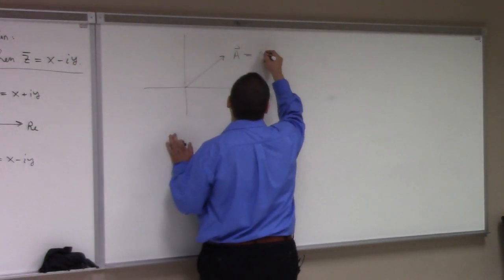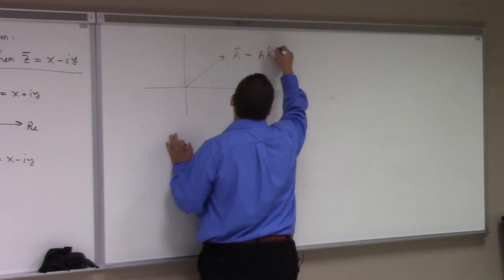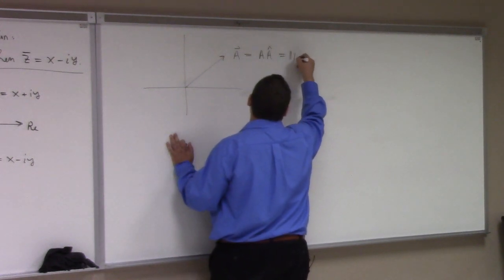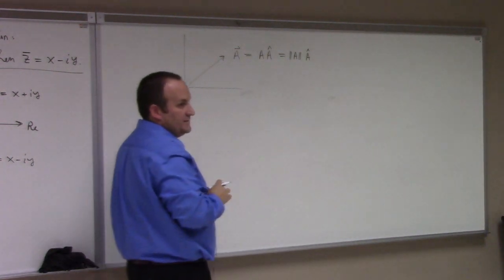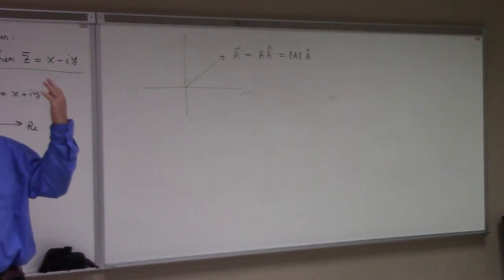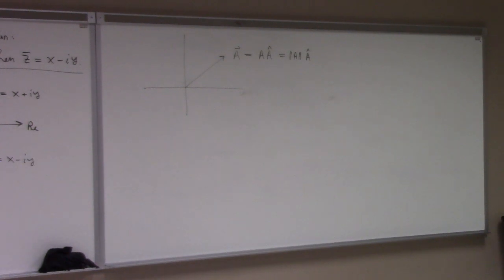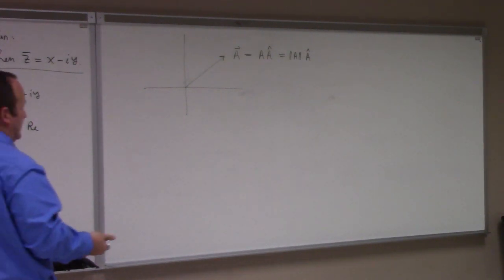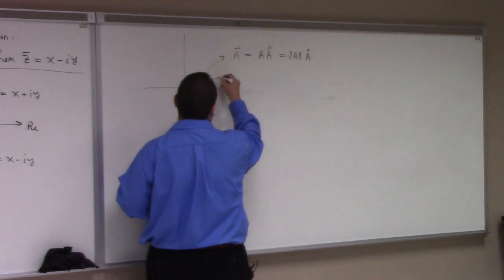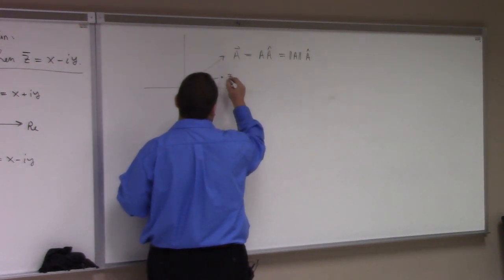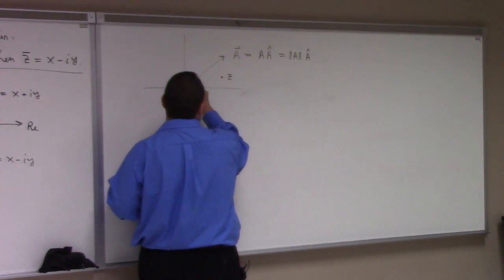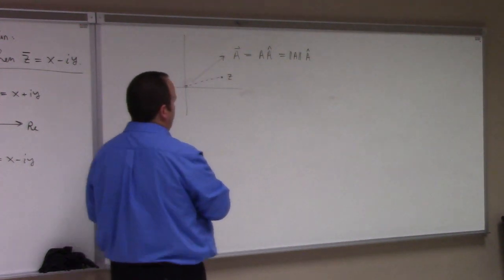Here, my notation would be A hat in physics, but in here we'd probably say the length of A times A hat, if I'm just talking about vectors in the plane. But in complex analysis, we've got z. And we usually think of it as a point. Of course, that point is identified with the vector which gets out to that point.